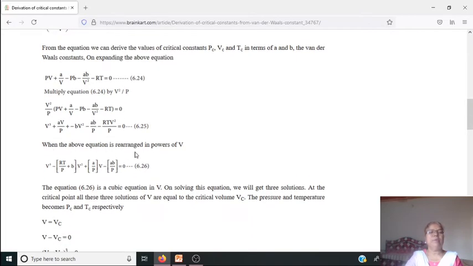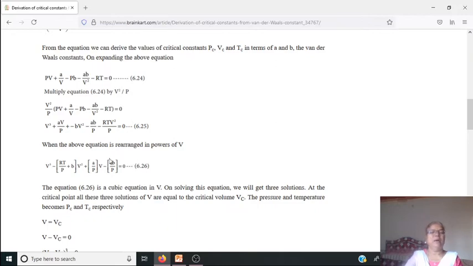When the above equation is rearranged in the cubic power of V, we can write V cube minus (RT by P plus b) into V square plus a by P into V minus ab by P is equal to 0.